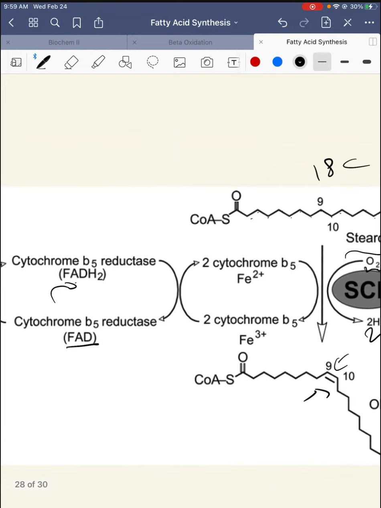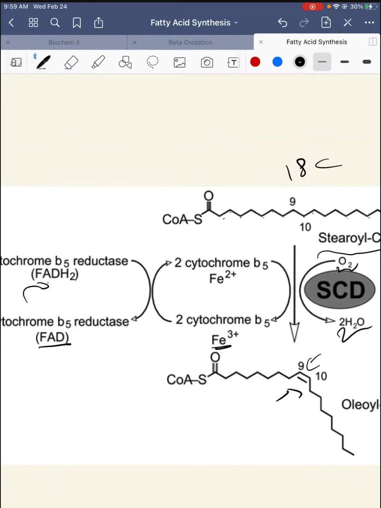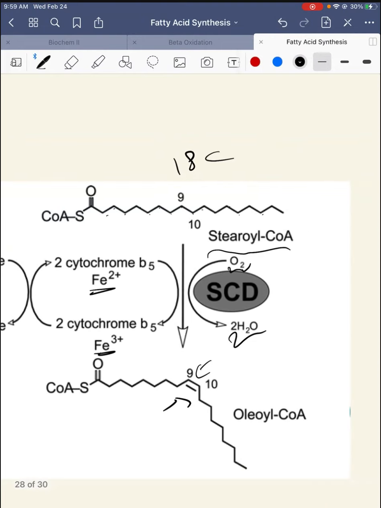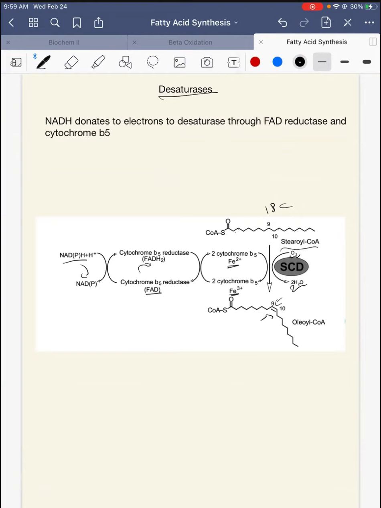And then when FADH2 is oxidized back to FAD, the electrons are given to cytochrome B5 with an iron +2, and then those electrons can be given here to allow this reaction to happen. In the process, oxygen is reduced as well. So it's linked to NADPH and cytochrome B5 reductase as well.